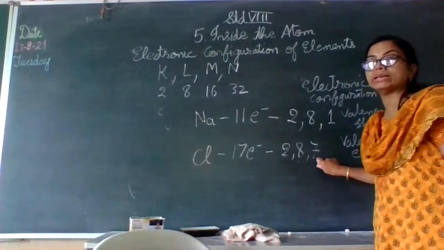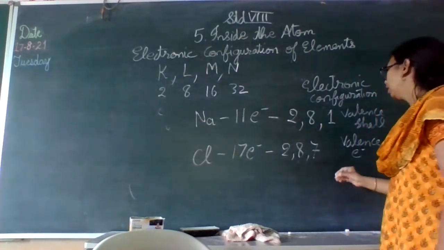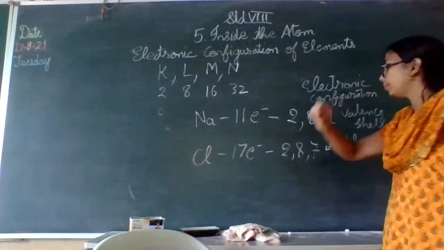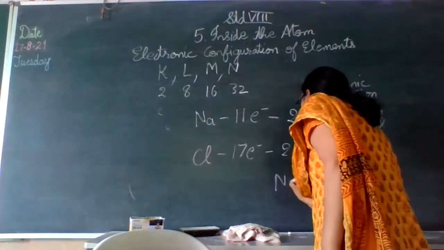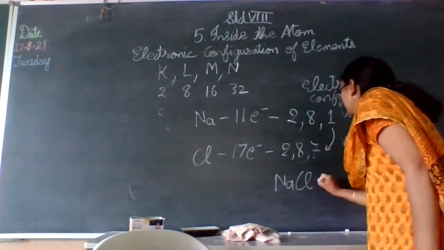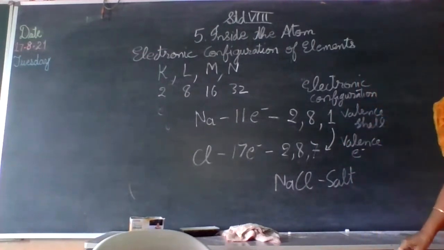Chlorine will accept 1 electron so that the chlorine atom will become stable, and this electron will be given away to chlorine, and that way sodium chloride is formed, that is your common salt that you eat daily.